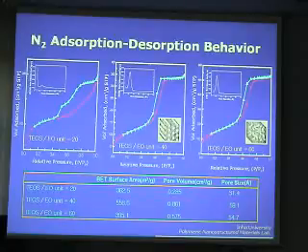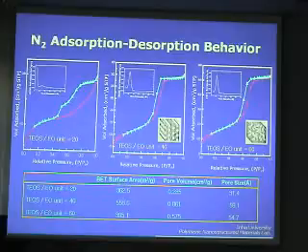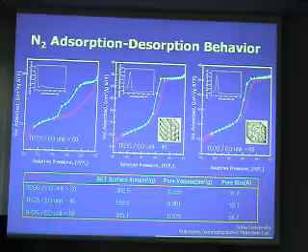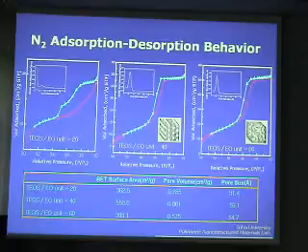And when we increase a little bit more, the hysteresis increases, indicating that this channel is distorted, and probably this is now moving to the gyroid structure. So when we change the TEOS and EO molar ratios, we can change the morphology of the mesostructure of the mesoporous silica material.